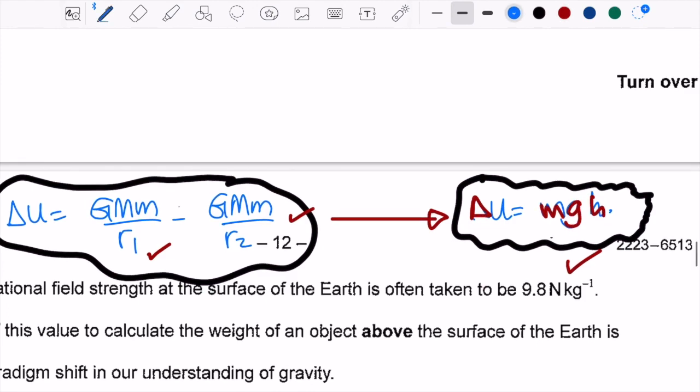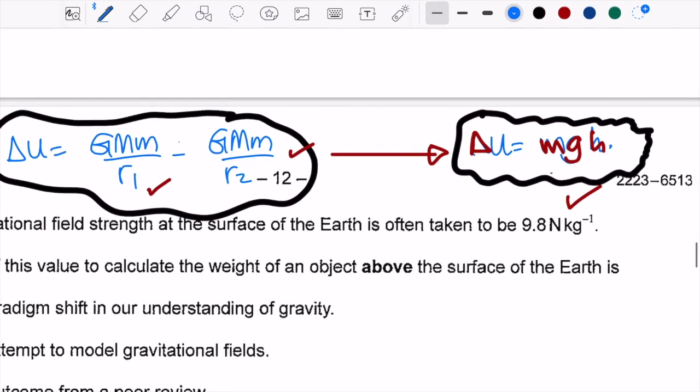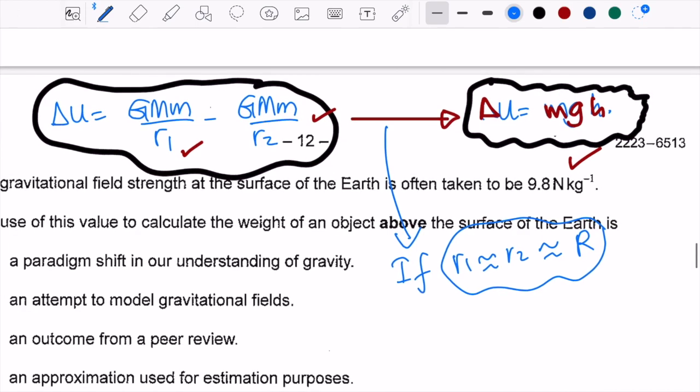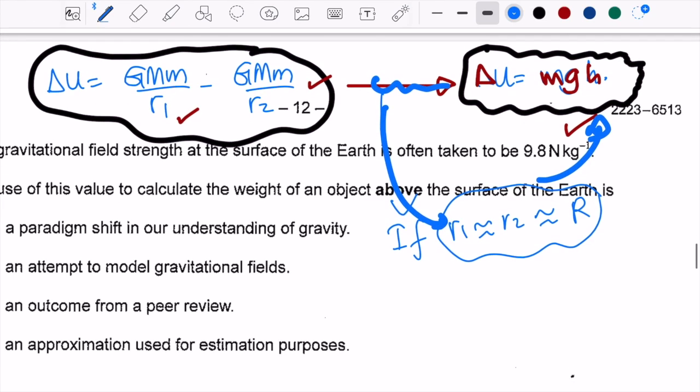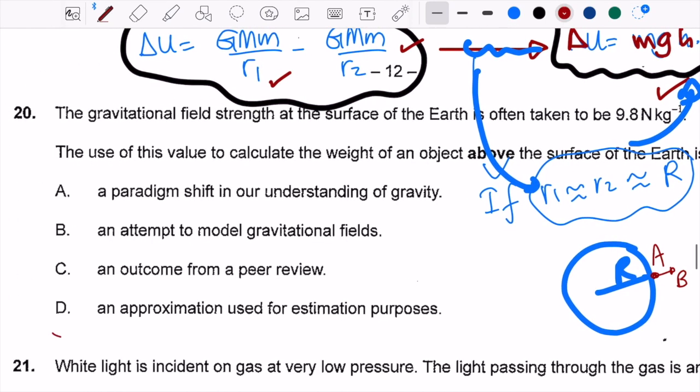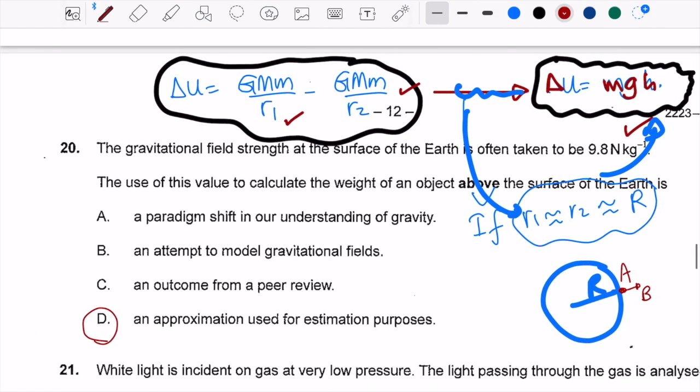The condition for using the second format is that r1 and r2 are similar, close to the radius of the earth. It is not always correct, but we assume you are only going from A to B like this. This is A and this is B. This is the concept. So this is only an approximation. It is not exactly always correct to use the second format.